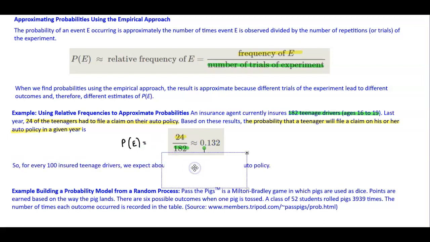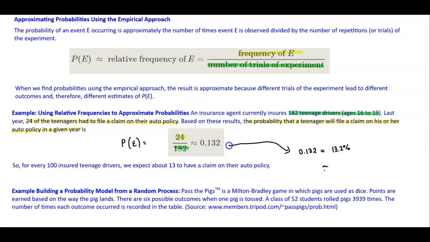So we would then say the following. For every 100 insured teenage drivers, we expect about 13 to have a claim on their auto policy. Okay, and remember why? Because we have an answer of 0.132. When we convert this to a percent, it's 13.2%.